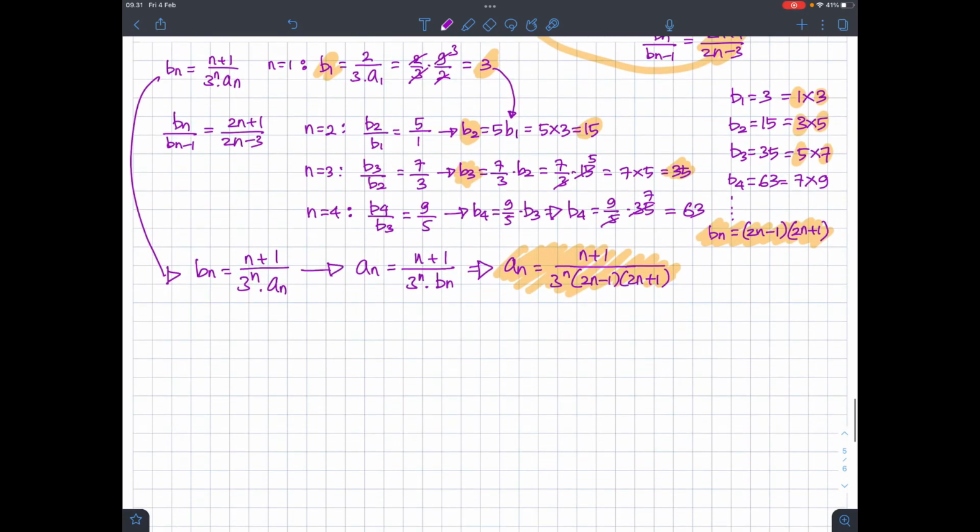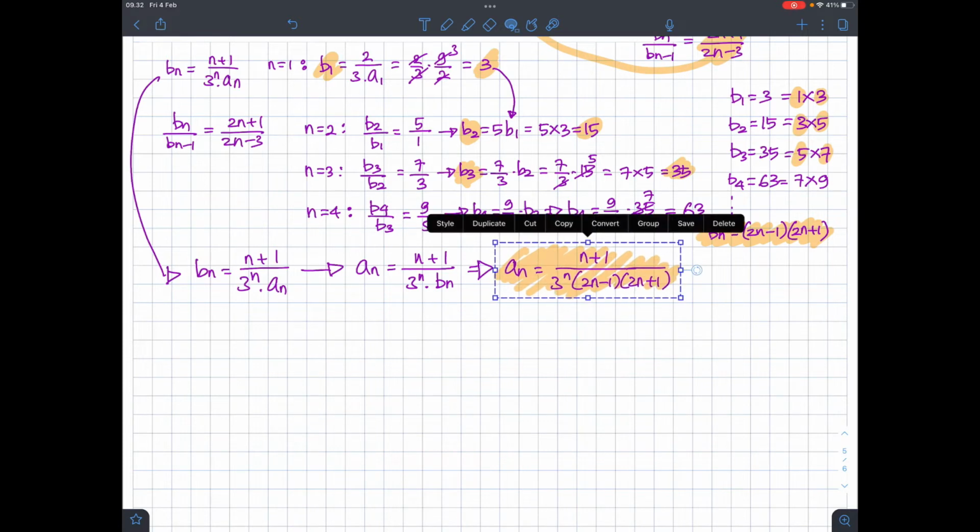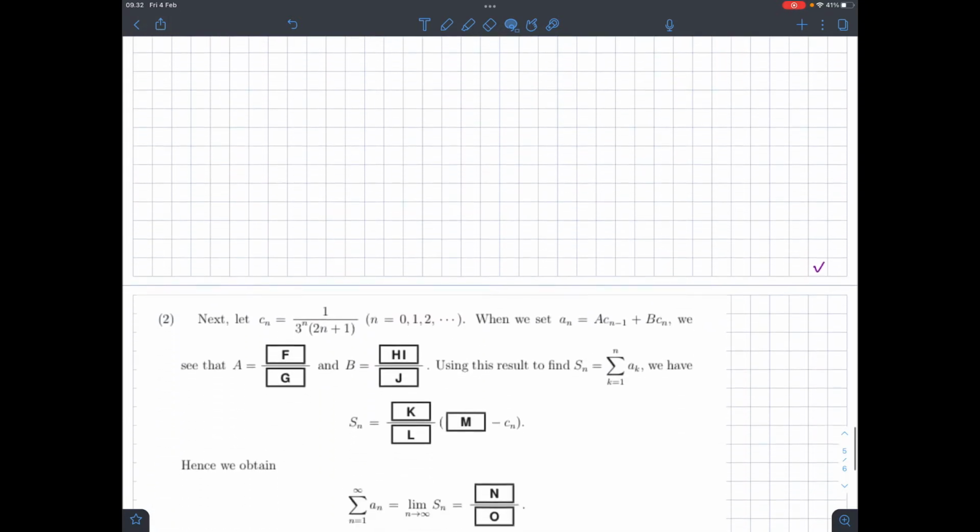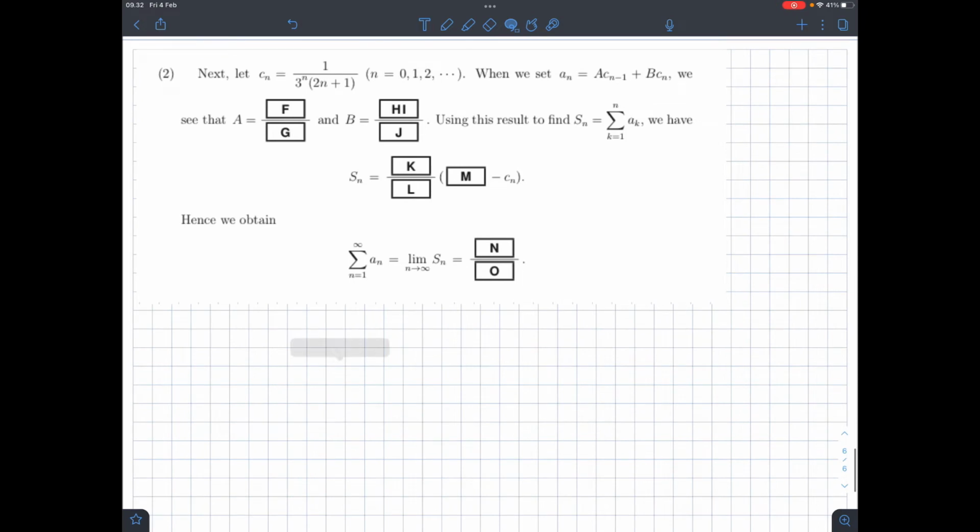Okay, I copy this part. They give us another clue. They say Cn equals 1 over 3 to the power of n times 2n plus 1.